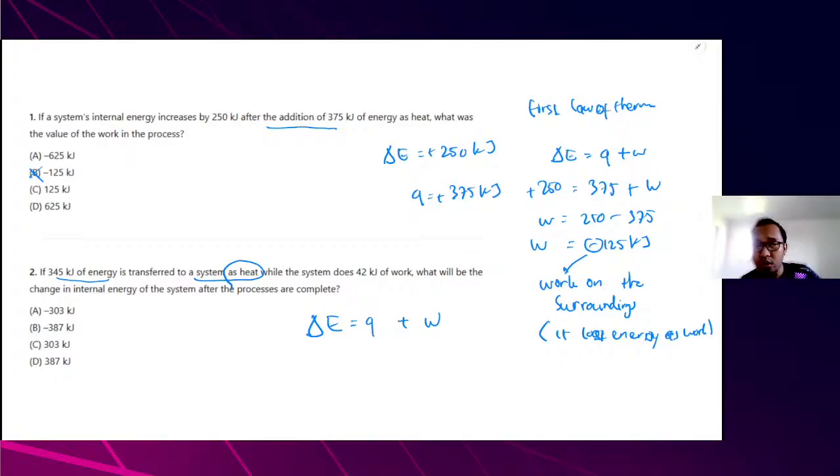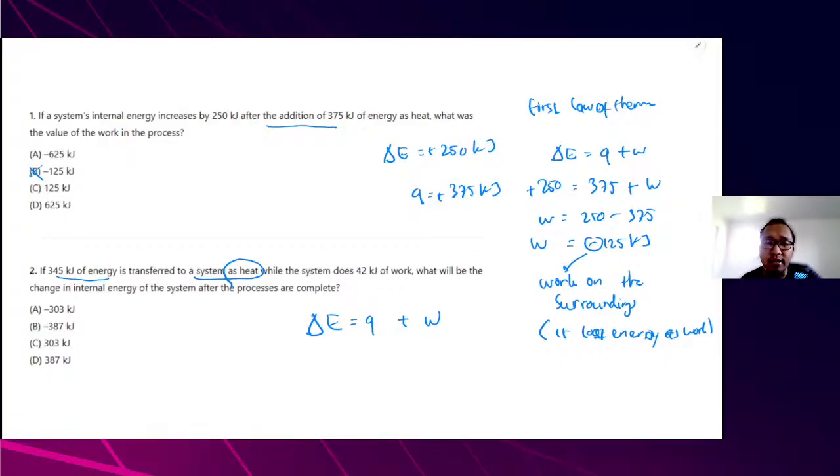This is the clue, which is telling us that this is Q. So remember this type of question: whenever you are facing a question about heat, work, and internal energy, it will involve the first law of thermodynamics.